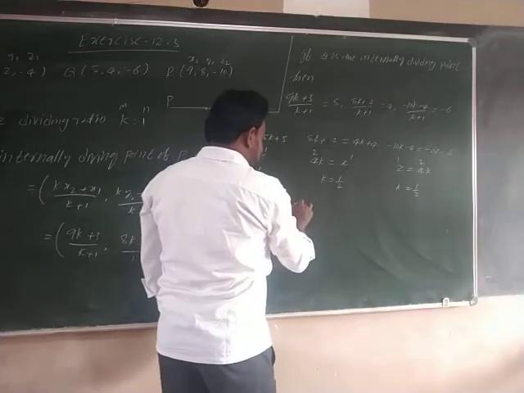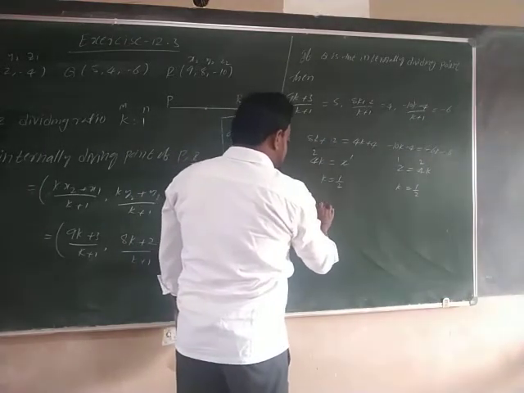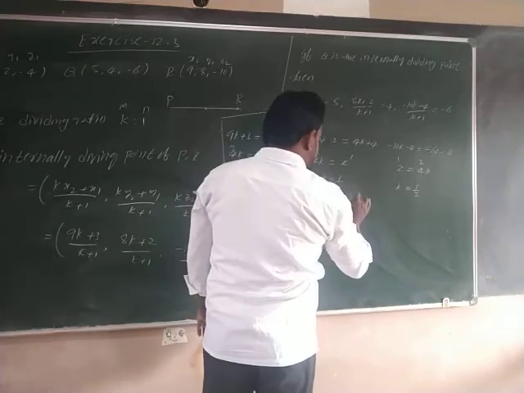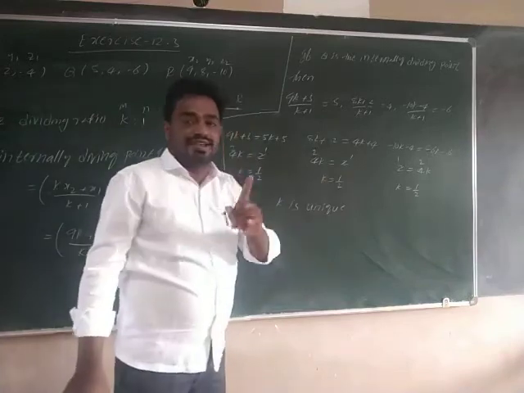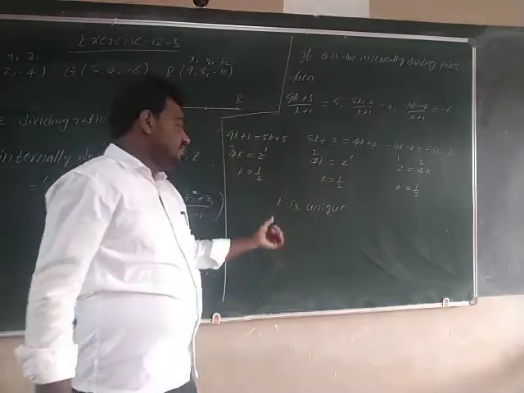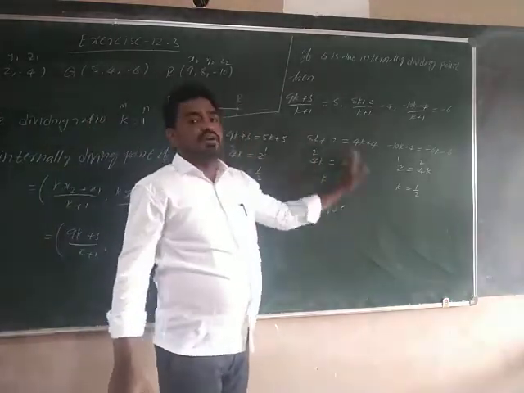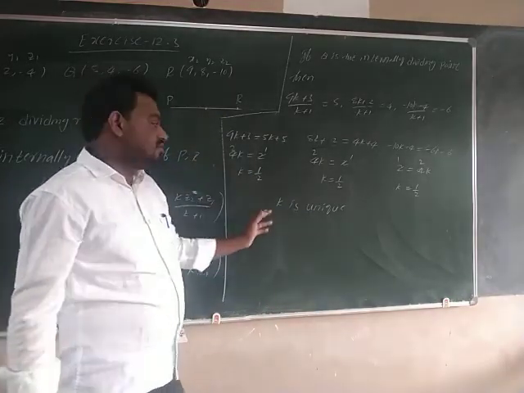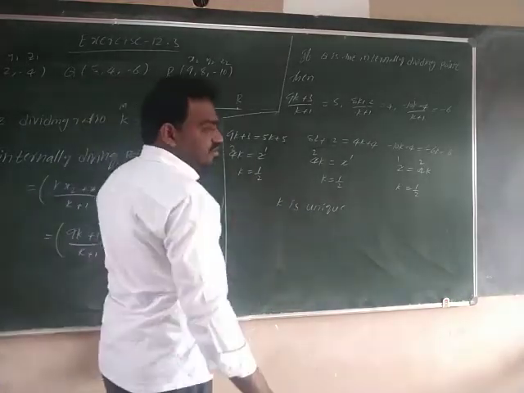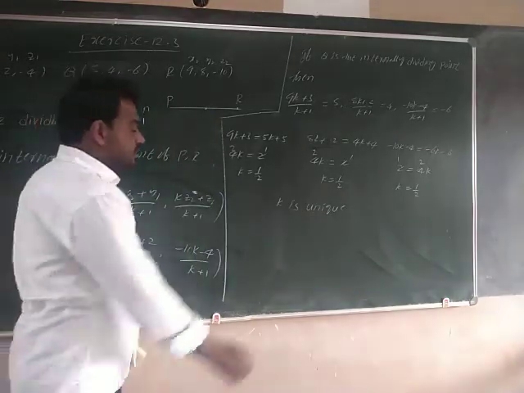Here k is the unique value. In all the cases we got the same value of k, 1/2. Since k is the unique value, the given points are collinear. Otherwise, they are not collinear.